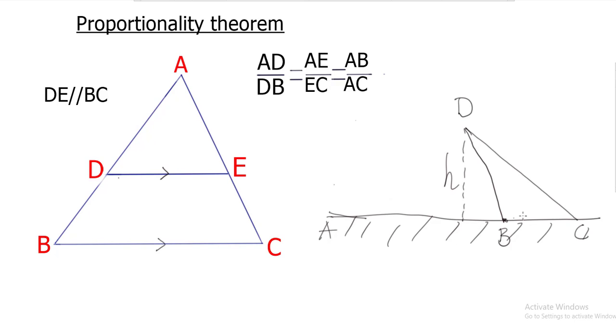So the height of a triangle does not mean you must always draw it to touch the base. No. It depends on the ground. It's always perpendicular to the ground.